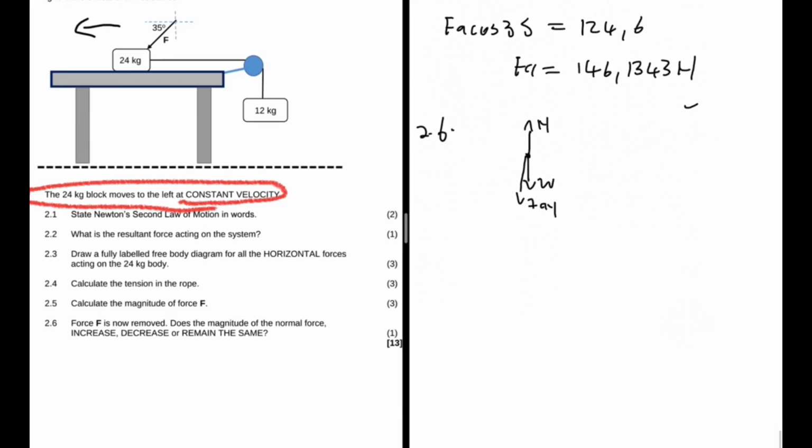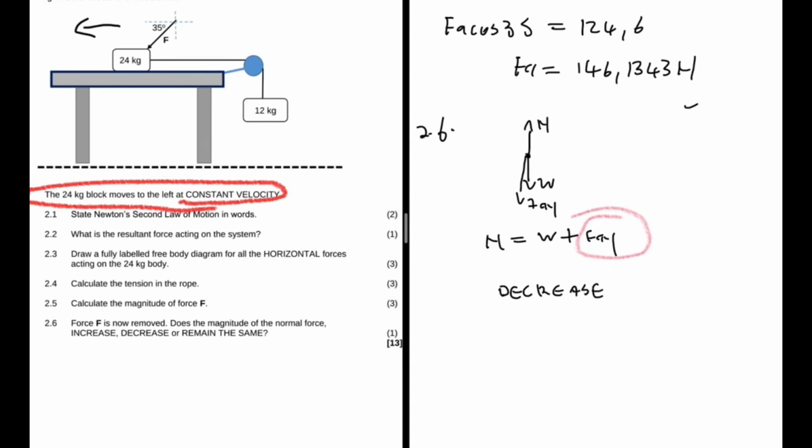So clearly from these forces, the normal force is supposed to be equal to the weight plus FAY. So if you remove this force, the normal force goes down. Clearly, the normal force will go down. So here we're gonna have decrease.